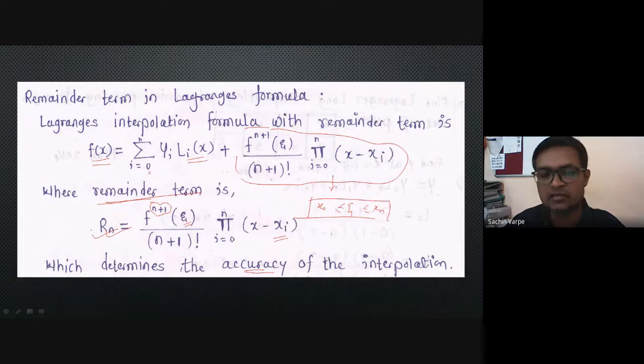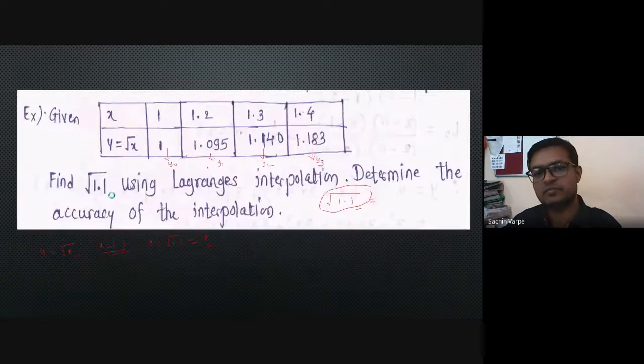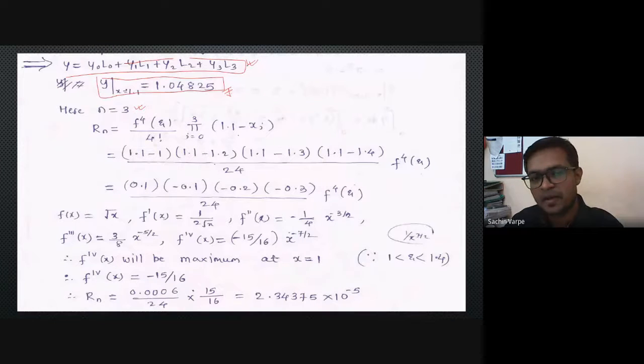Okay, n is given to be 3, so R3 will be equal to the fourth derivative at zeta upon 4 factorial into the product of (x minus xi), where i varies from 0 to 3, right? This will be the remainder term.